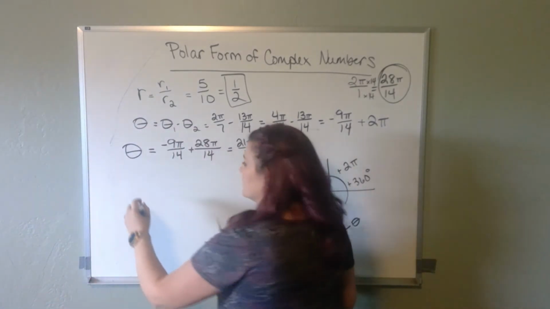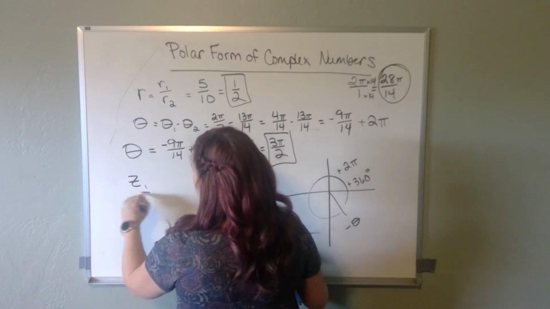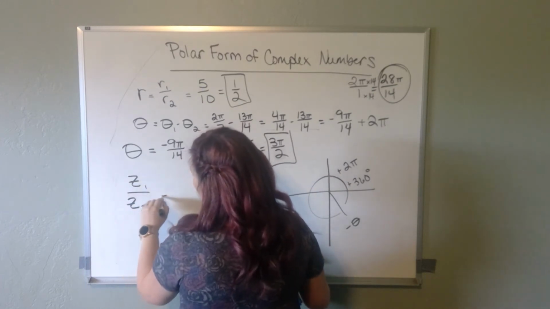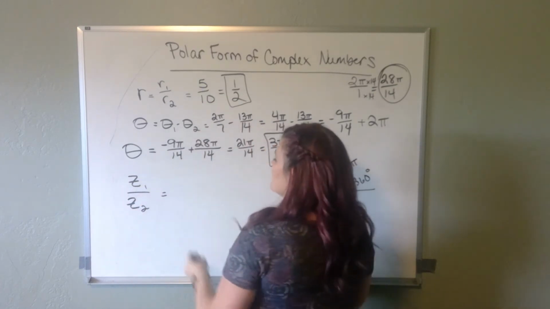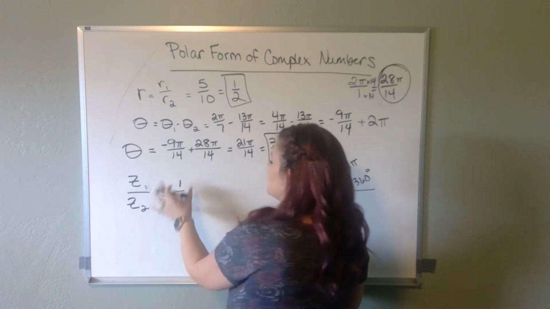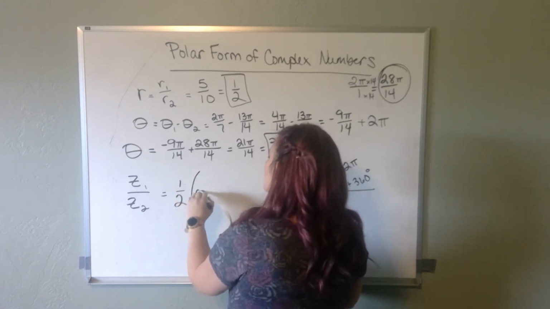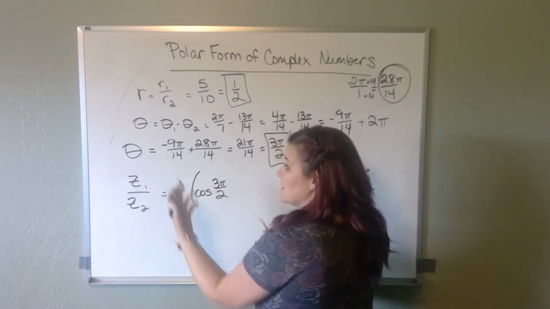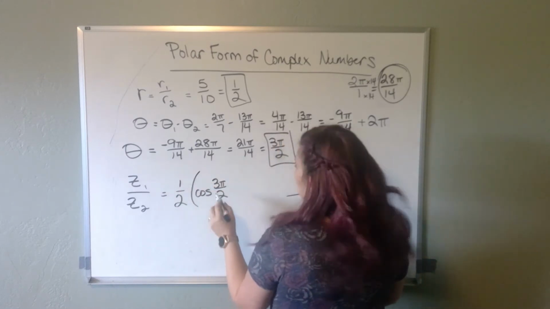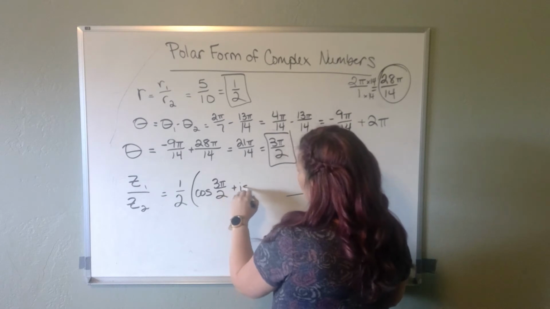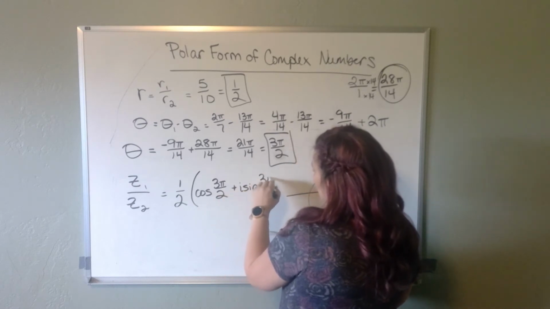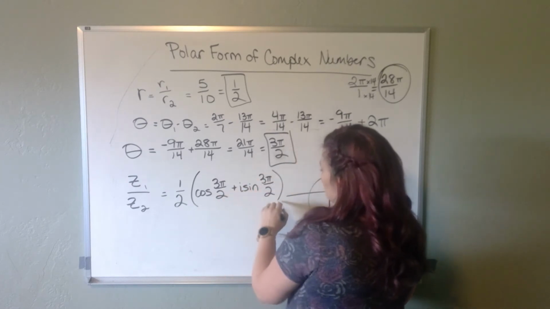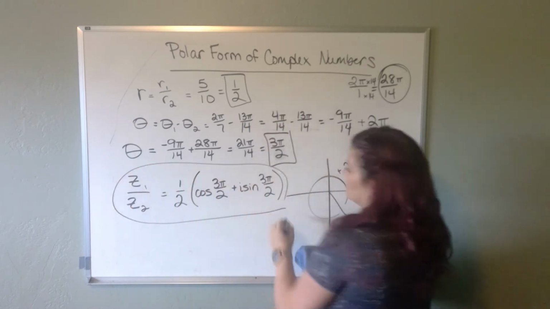I know it's been a while since we started the problem, but we were looking for z1 over z2. So I got 1/2 because I divided the r's, times the cosine of our new angle that I got from subtracting the two thetas. And I get cosine 3 pi over 2 plus i sine 3 pi over 2. And this is my answer for the division.